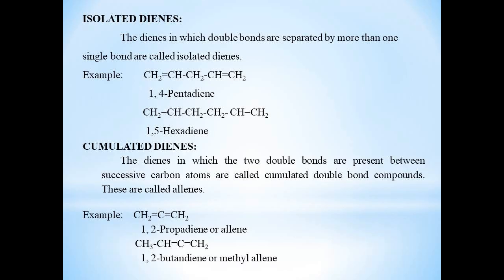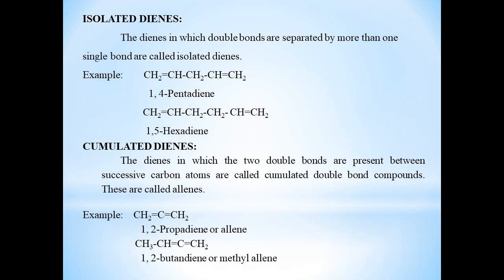Next, isolated dienes. In these types of dienes, the double bonds are present, but separated by more than one single bond. That means more than one single bond is present between the double bonds.